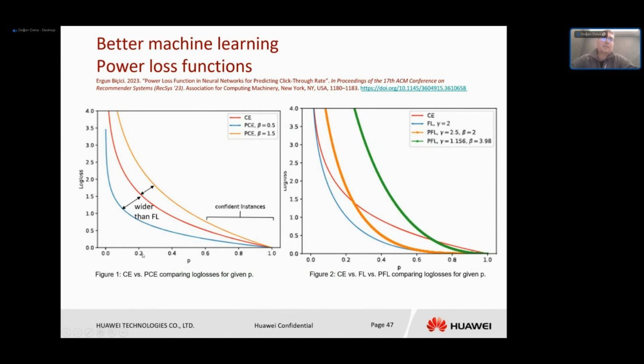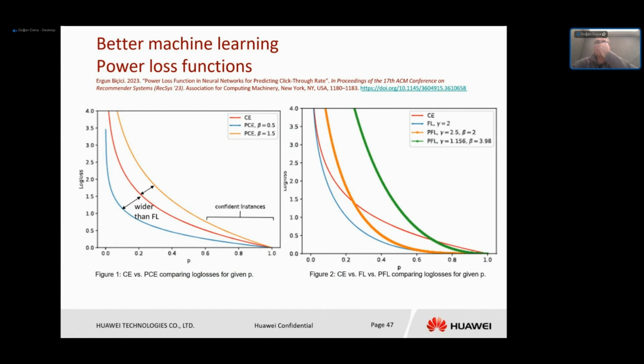So for this we use power focal loss PFL, and here we plot the results. The orange and green cross the cross entropy line, and that's what we wanted. So the orange setting with gamma 2.5 and beta 2 achieves smaller loss for confident instances, and larger error for error-prone instances.